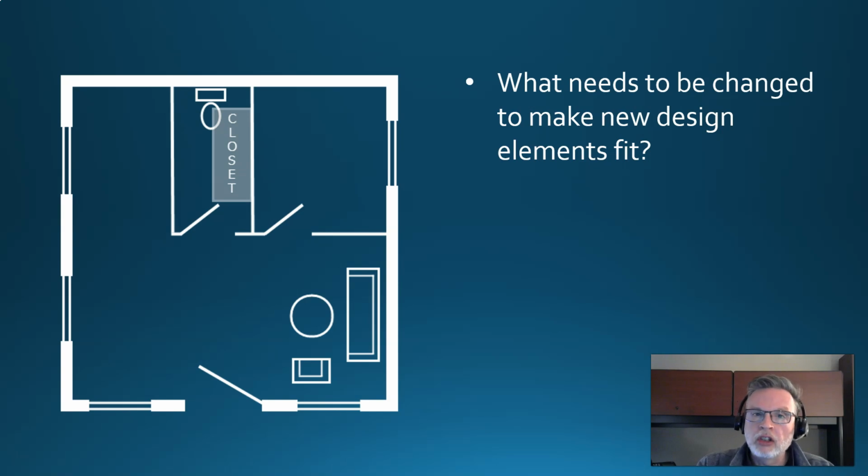Okay, very easy to look at what that's going to look like on paper and quickly see, ooh, that's going to change some of the other major requirements and some of the other design elements that we had in here. That closet's going to jut into the bathroom, so I'm going to need to redesign some of the other general elements to make it fit.